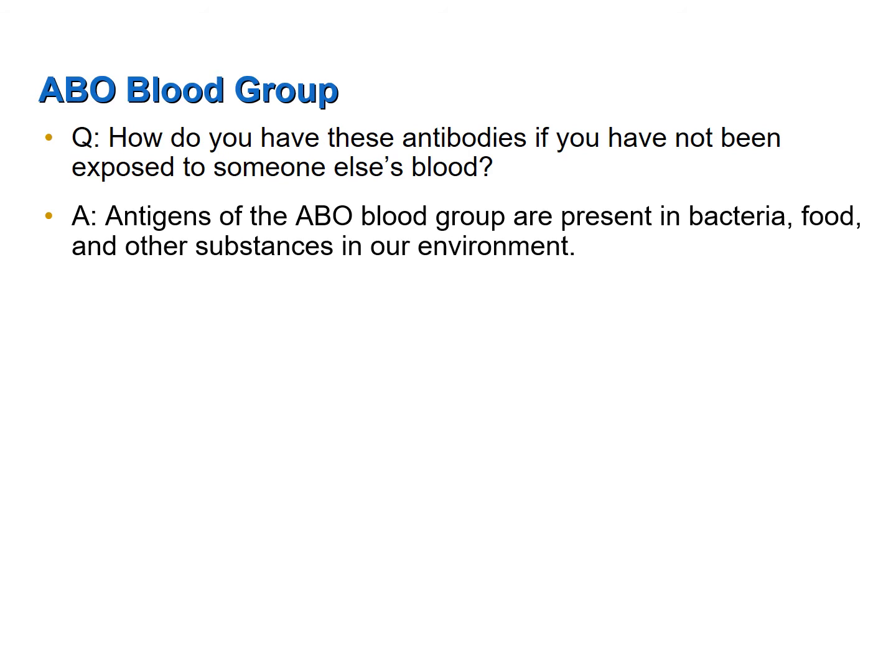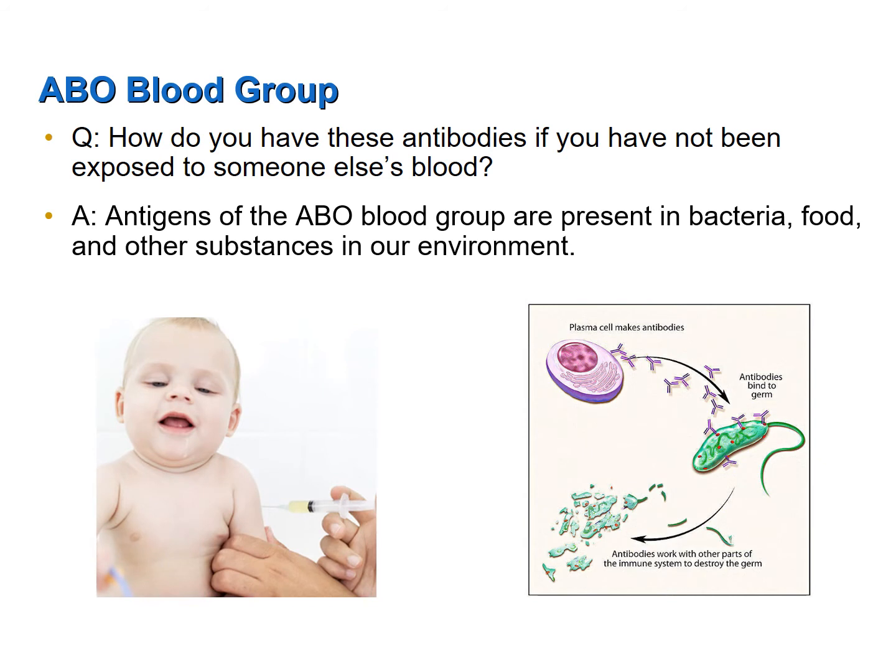They're present in some of the foods that we eat, and they're also present in other substances in our environment. So we are exposed to these antigens in our environment, and that is why we develop antibodies for antigens of the ABO blood group that are not already in our blood. So essentially, we are vaccinated against other blood groups within weeks of birth.